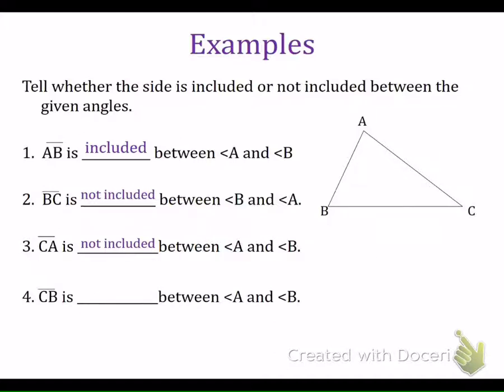And then the last one is also not included. You are correct, because CB is not between angle A and angle B. Kind of the same question as number 2, right? All right. Questions on 1 through 4? Anyone need more time?